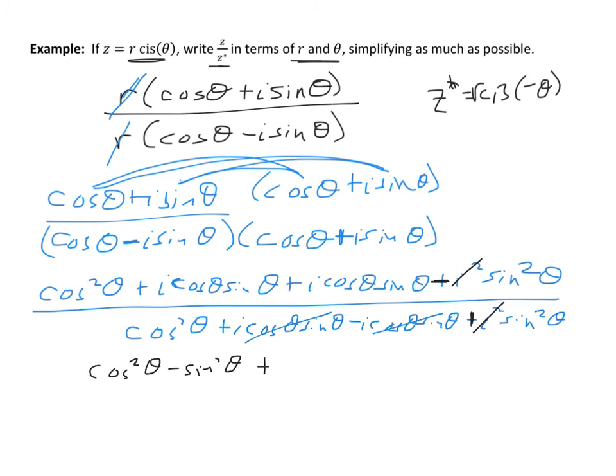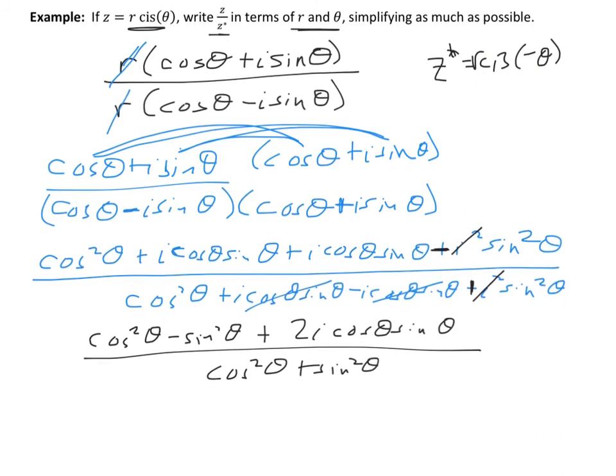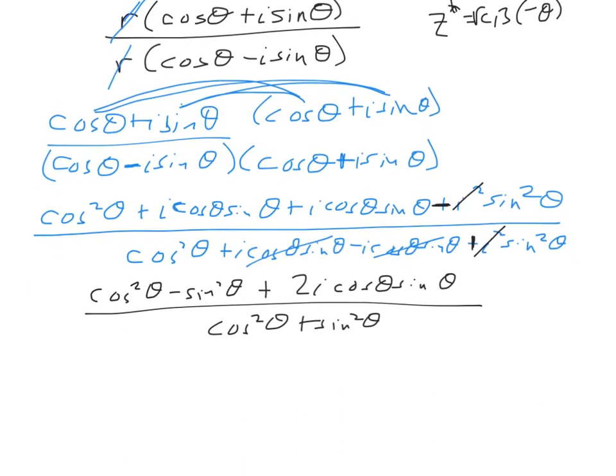This is 2i cosine theta sine theta. And in the denominator, I have cosine squared theta plus sine squared theta. Now, depending on how well you remember your trig identities, there's some amazing stuff that happens right here. This thing right here, this is the identity for cosine 2 theta.